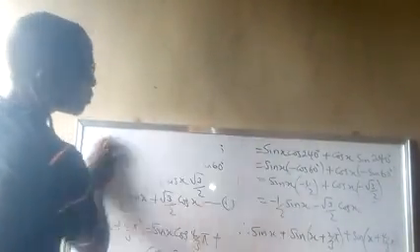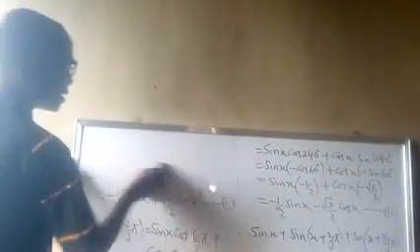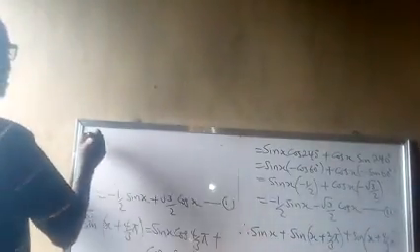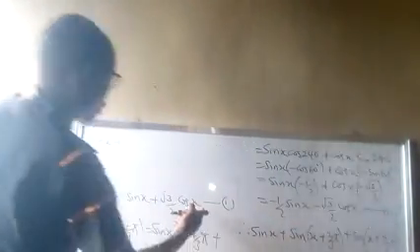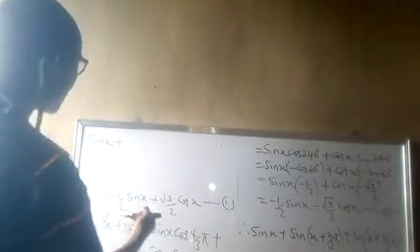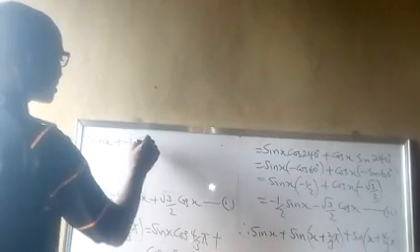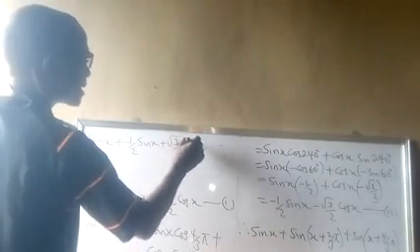You can call the second thing equation 2, so that it will be easy for us to use. So that implies sine x plus the result in equation 1, which is minus half sine x plus root 3 all over 2 cos x.